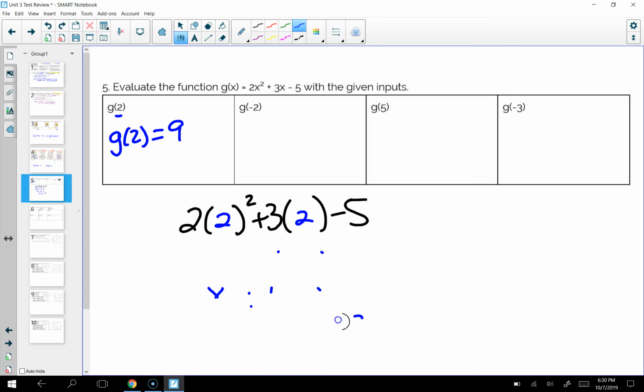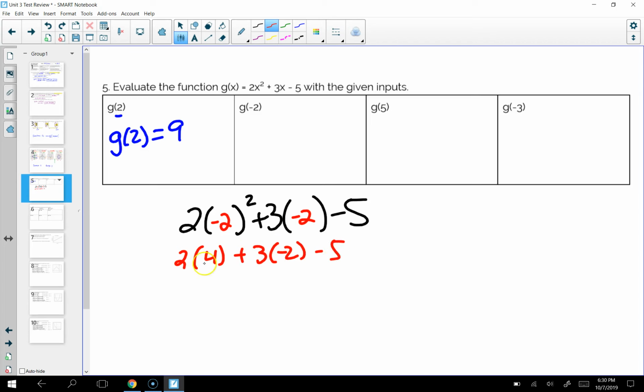Remember, guys, you can pause this or go back if I'm going too fast. All right? All right, we're going to plug in -2 this time. So, exponent first. So -2 squared is -2 times -2, which is +4.